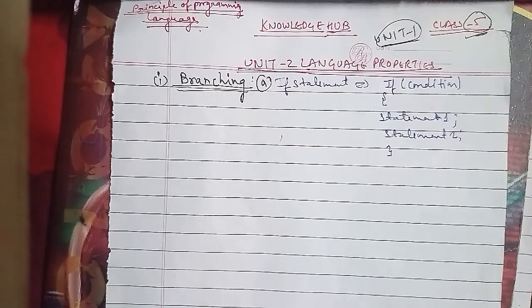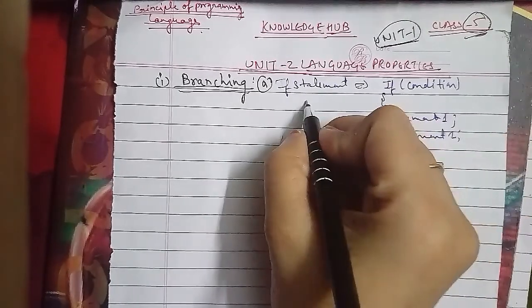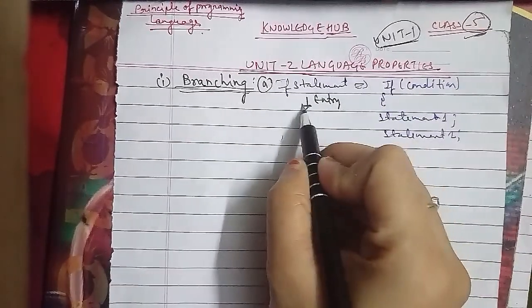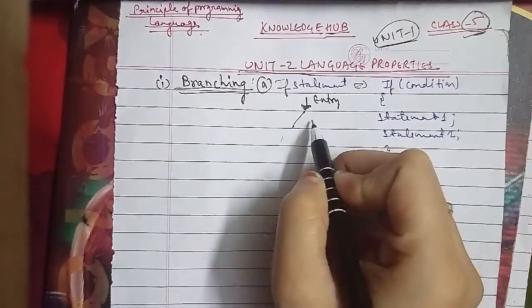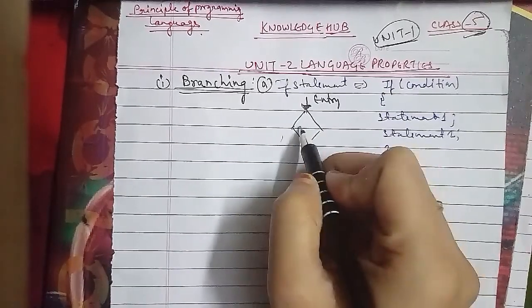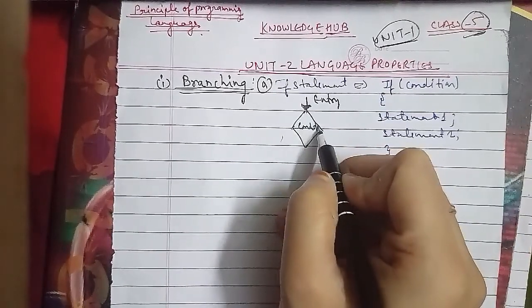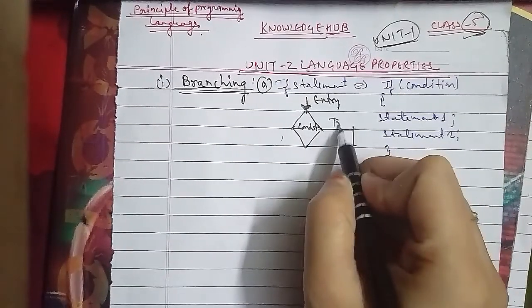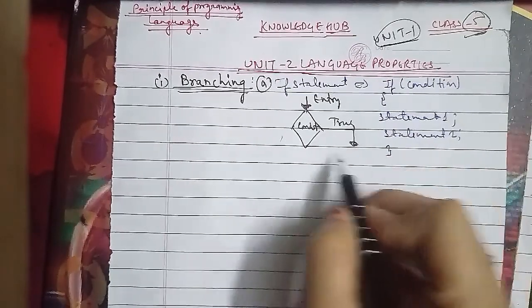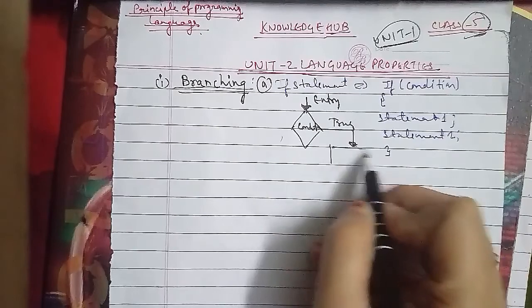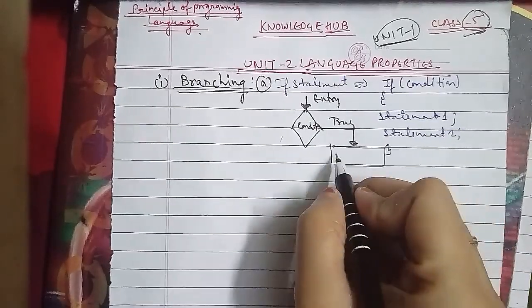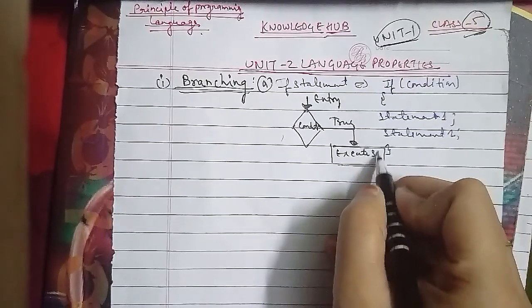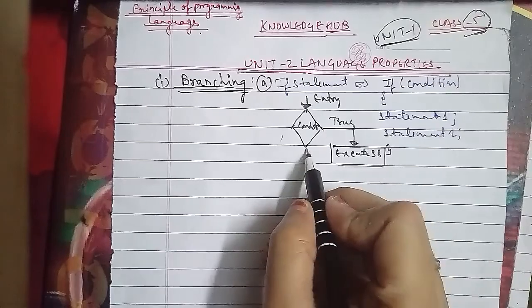Then we have the condition, and if the condition is true, then execute the statement block. If the condition is false, then exit. Okay, so this is the flowchart here.